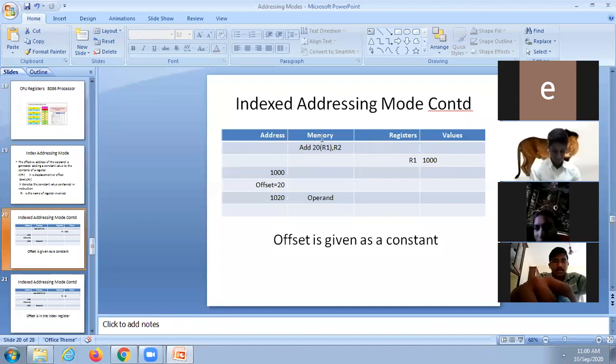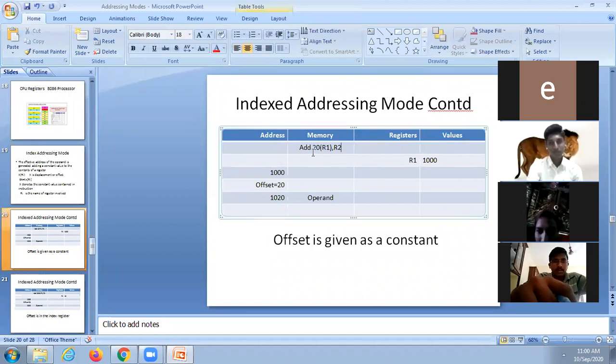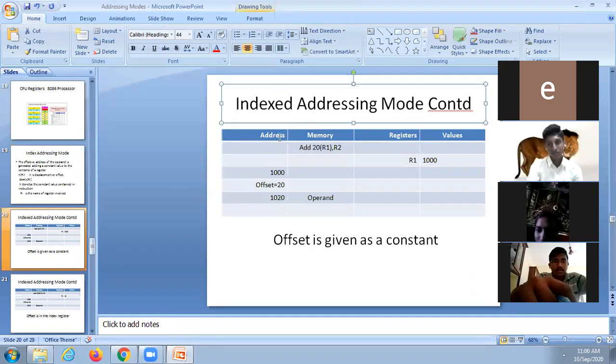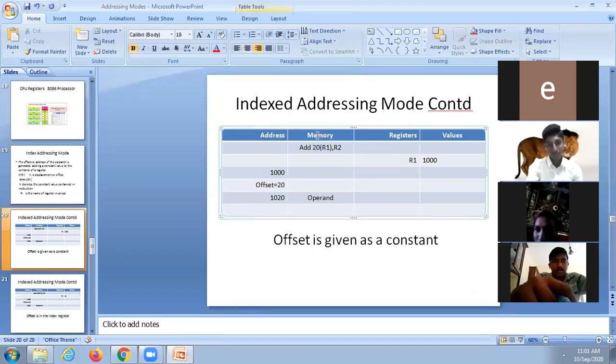The first two columns are related to main memory, and these two are related to CPU registers. This is one table, this is another table. Don't confuse, it is not one table, it is two tables here. The first two columns are related to memory, that's what I have written: address and memory.